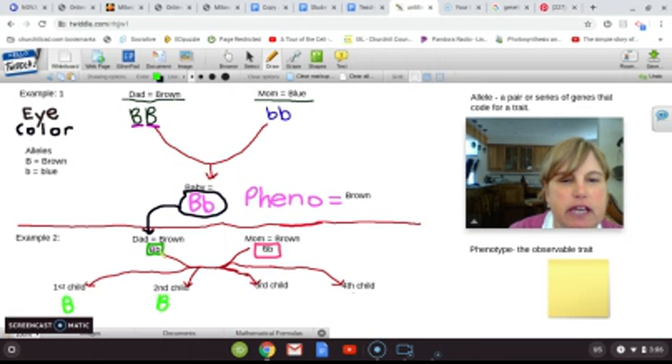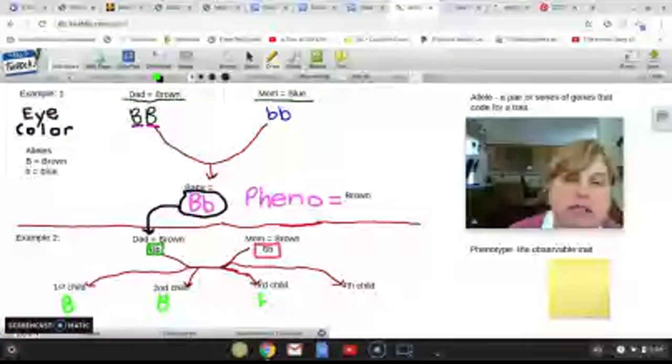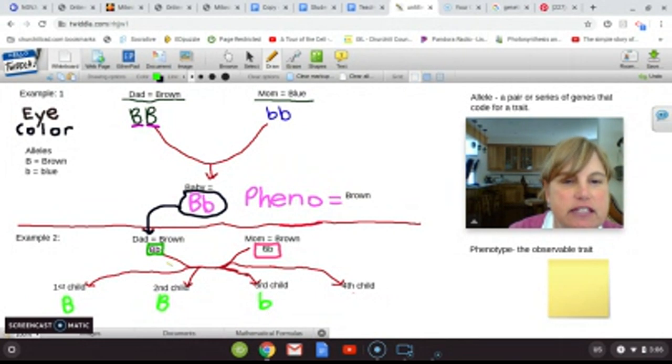Then he's going to donate his lowercase b to the third child, and a lowercase b to the fourth child. So he's donating one allele to each child, and we're going to look at the variety or the mix he can get. So dad donates capital B to the first, capital B to the second, lowercase b to the third, lowercase b to the fourth.